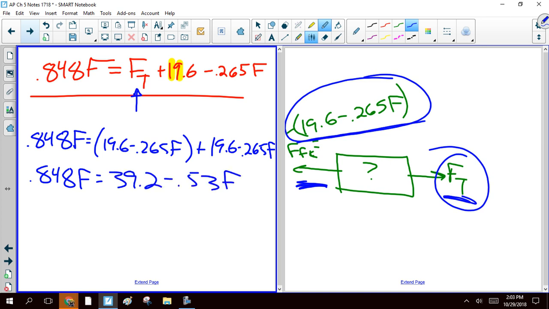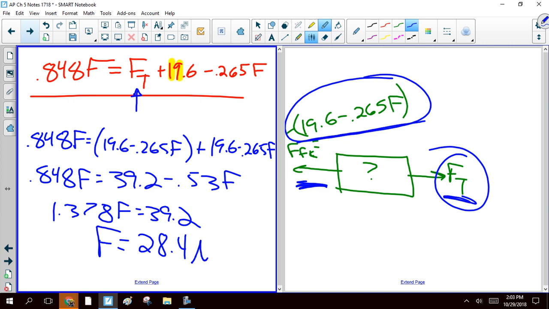Add the 0.53F to both sides, and you get 1.378F equals 39.2, which means that F, after you divide by 1.378, is 28.4 newtons. Okay? So there you go.